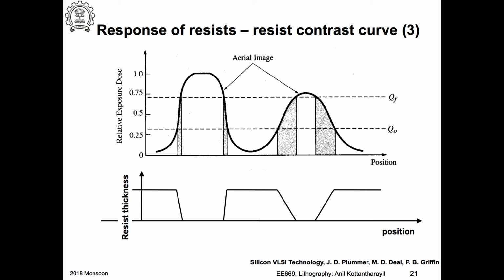Even with a very sharp resist, I would get a little bit of this in here because of scattering of these ions within the material. But if I have a resist profile like this, then I may have a bigger junction spreading onto the sides. So this is a very important consideration.